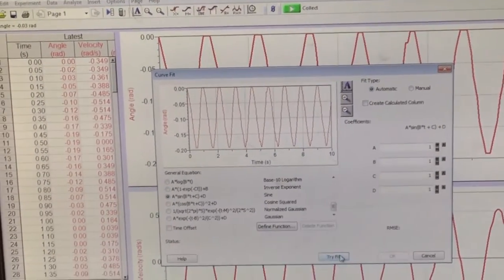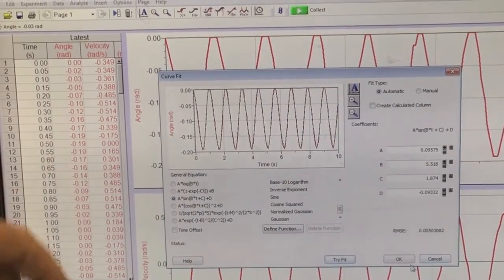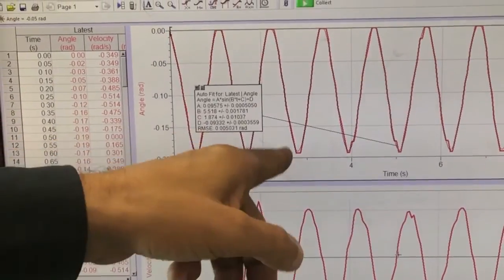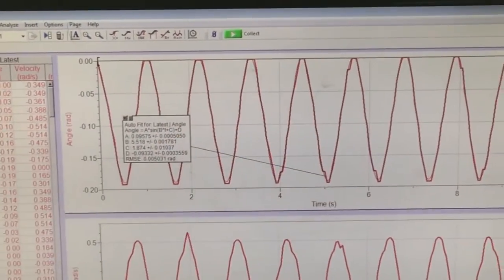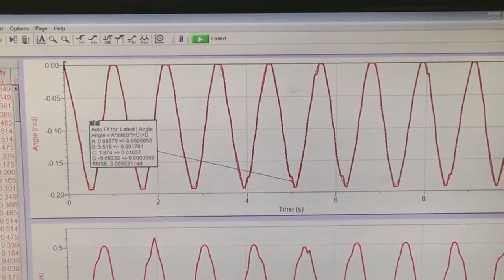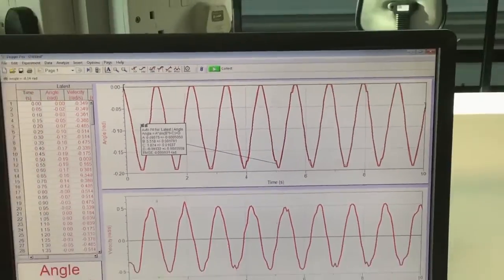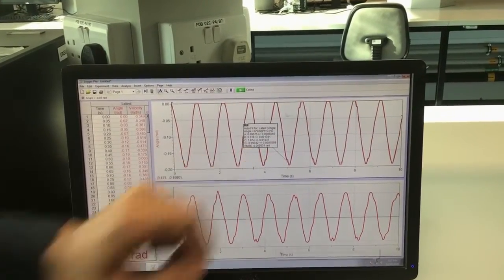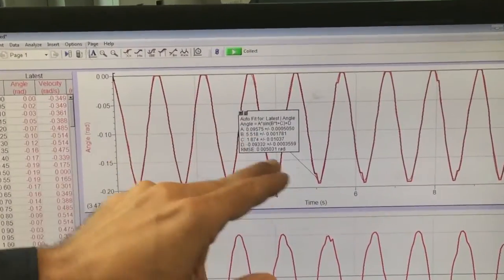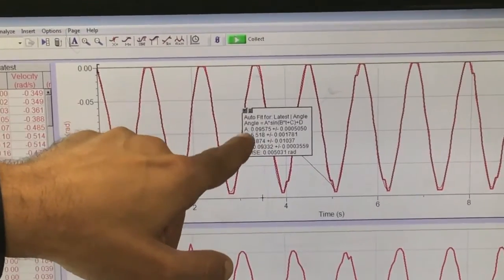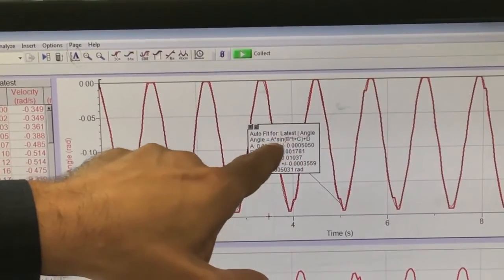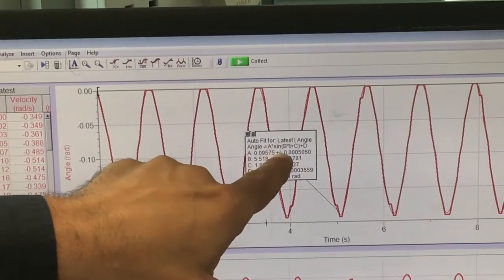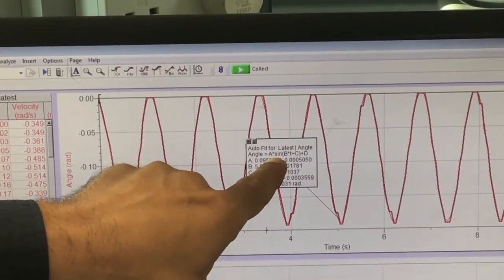So let's try fit. Now, as you can see, the black line overlaps exactly with our experimental data. From this fitting box, the box that corresponds to the curve fit that we do, you can get the constant A, which refers to the amplitude of motion.